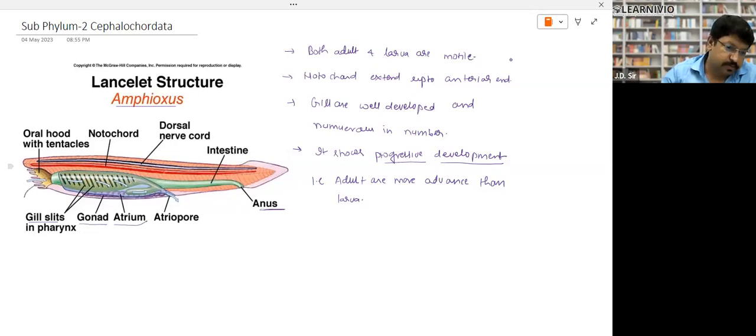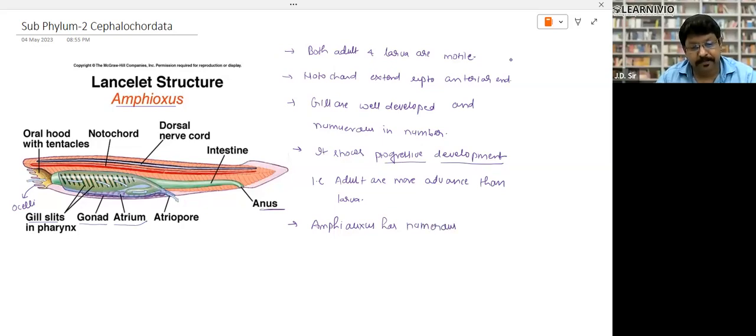So the last point is that Amphioxus has numerous eye spots, not eyes, numerous eye spots, which are sensitive to light. Means they have a sense of light.